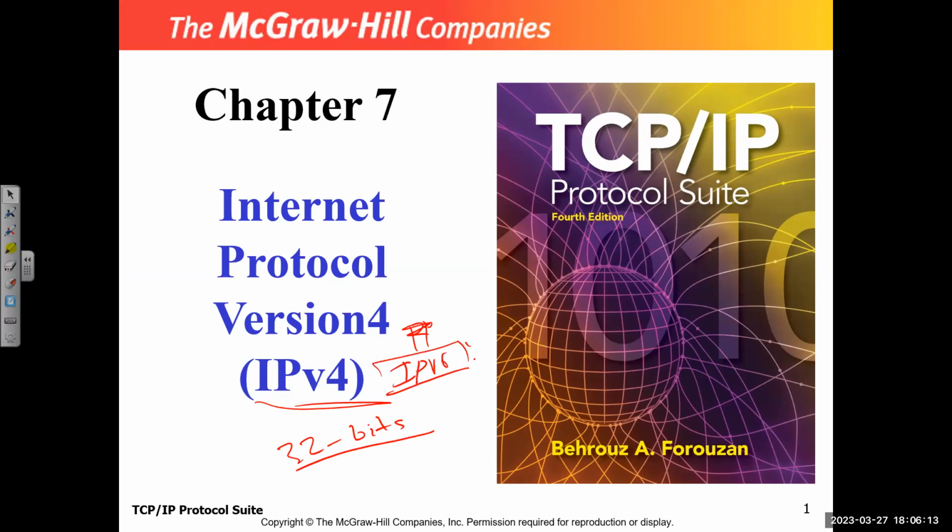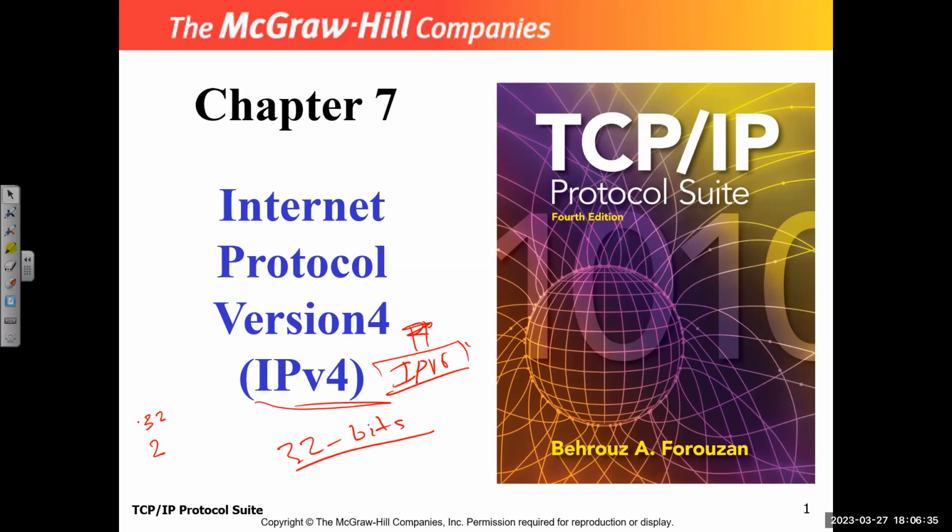So most of the computers use the IPv4. What's the reason why we have 4 and we have 6? Remember, with 32 bits, how many IP addresses can you have? And is that enough for this technology these days?